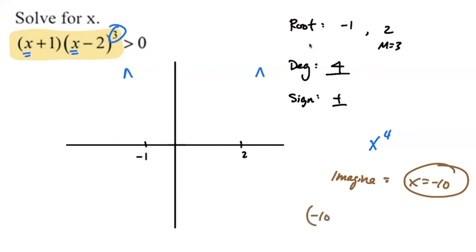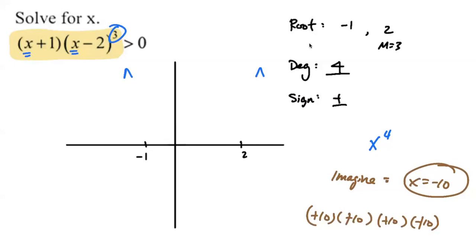If you cannot visualize this, I'm going to show you here. Again, imagine x to the 4th, x being -10. So you have all these negative tens multiplying by each other, by itself 4 times. The 2 negatives will multiply to become positive. The other 2 negative signs will multiply to become positive. That's why you end up with a positive.